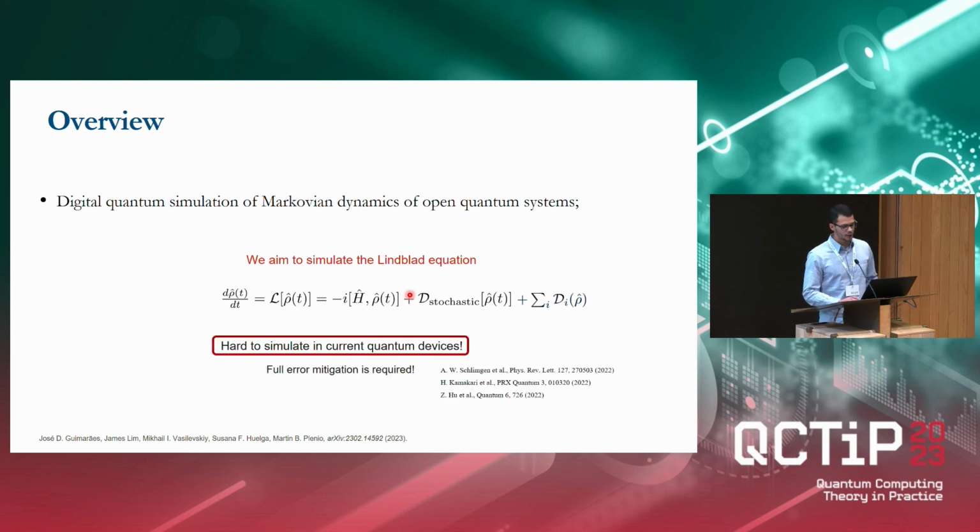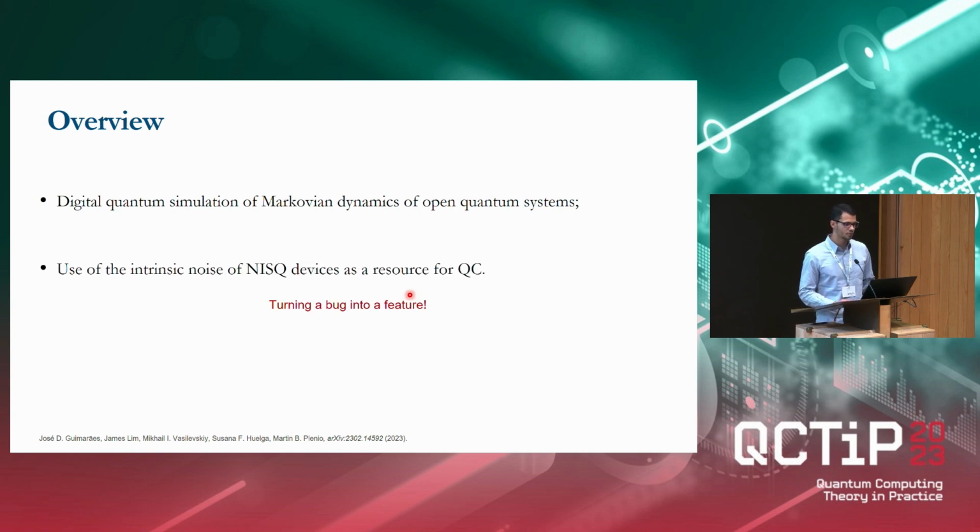This type of Lindblad equation is usually hard to simulate in current quantum devices because standard approaches require full error mitigation or a fault-tolerant quantum computer. So here, instead, we try to use the intrinsic noise of NISQ devices as a resource for this particular quantum computation.